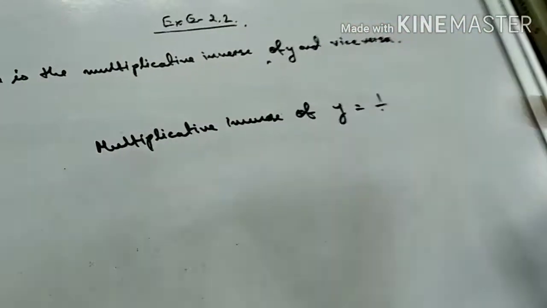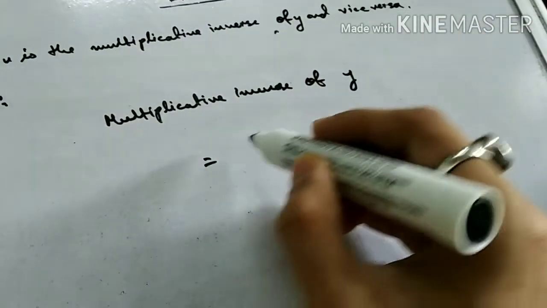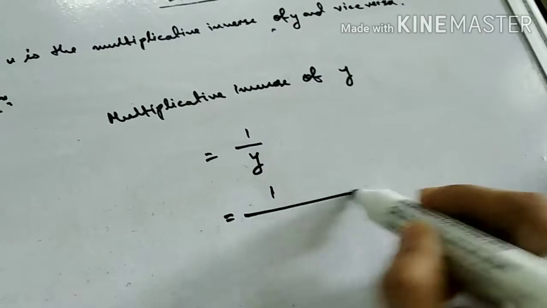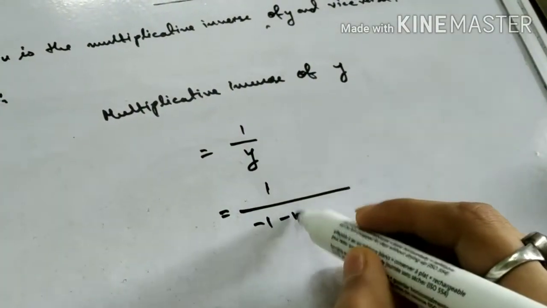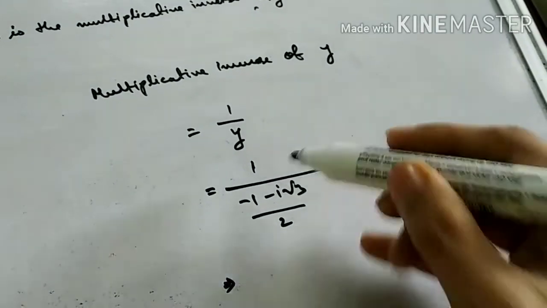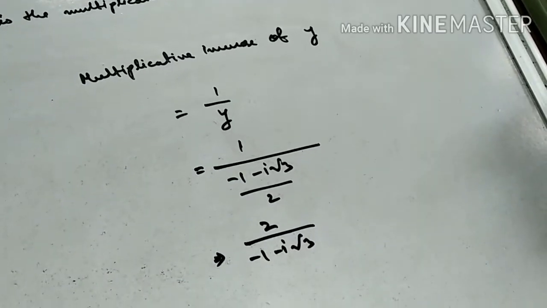Let me do it in this way. Multiplicative inverse of y is equal to 1 by y, which is 1 by (minus 1 minus i root 3) by 2. I will get 2 by minus 1 minus i root 3.